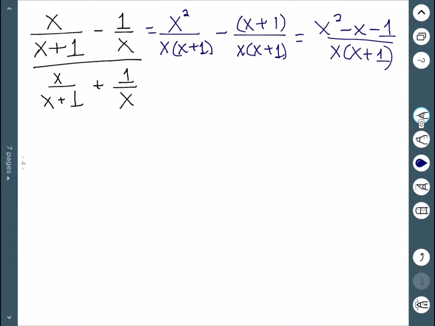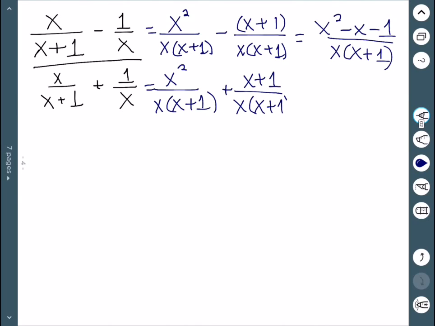On the bottom, I have the same common denominator. The first term needs an x on the top and the bottom. The second term needs an (x + 1) on the top and the bottom. And so this leaves me with (x squared plus x plus 1) all over x times (x + 1).